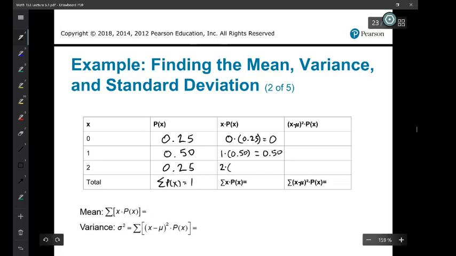So 2 times its probability of 0.25 would be 0.50.